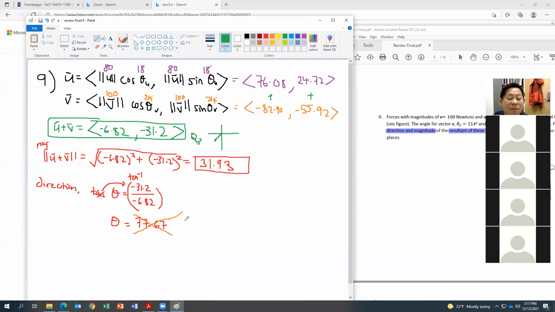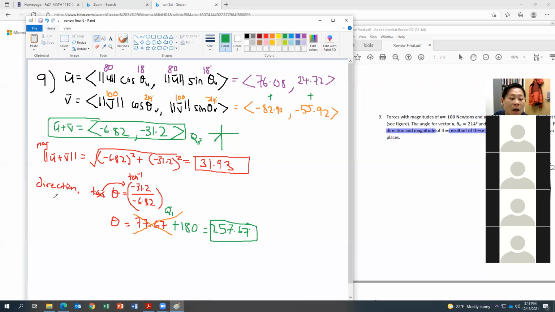But this 77.67 is in quadrant 1. So for me to make it back to quadrant 3, I have to add what? 180 degrees. That is the correct answer once you add 180. So your answer in this case is 257.67 degrees.